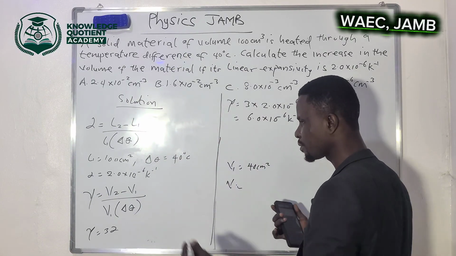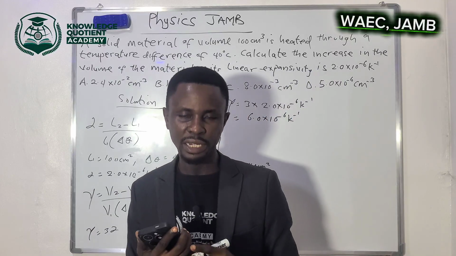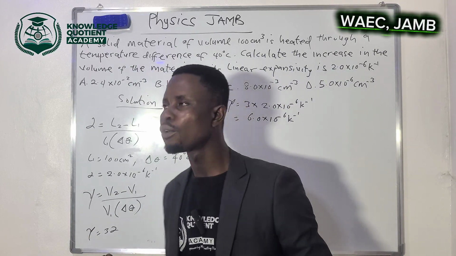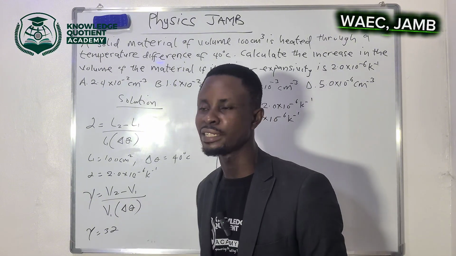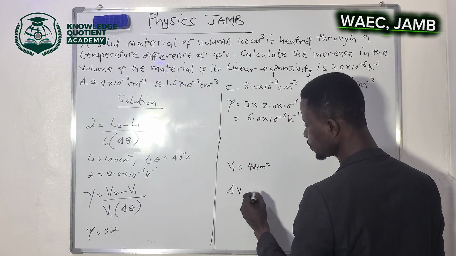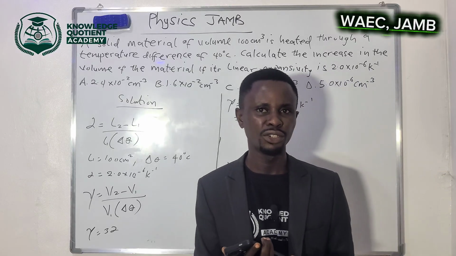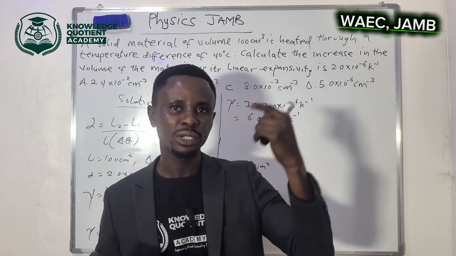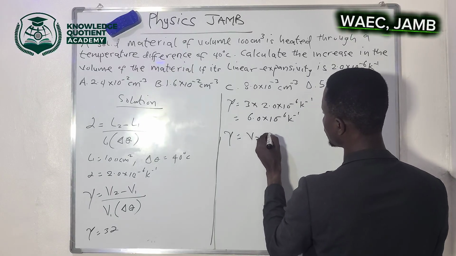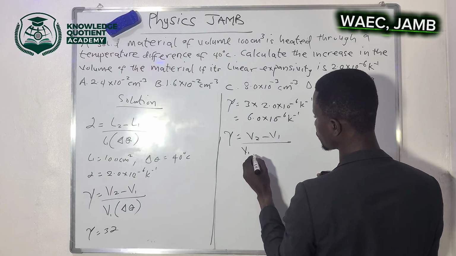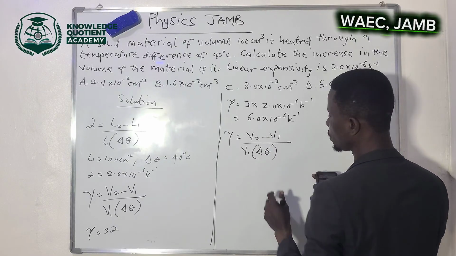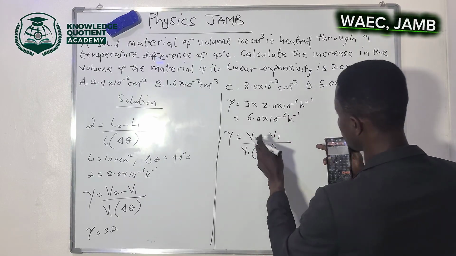When you're talking about additional volume, this is the additional volume added due to heating, which is basically the change in V. That's what we're talking about here, not the total volume after heating. So let's go. Gamma is equal to V2 minus V1 all over V1 open bracket change in theta, close the bracket.